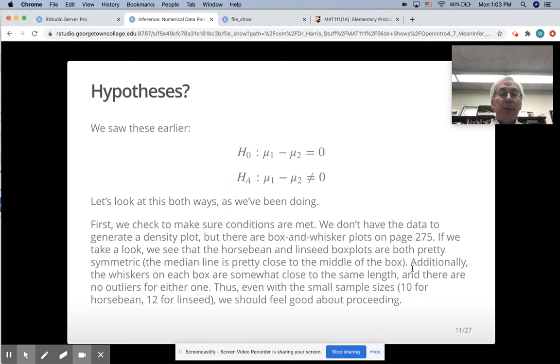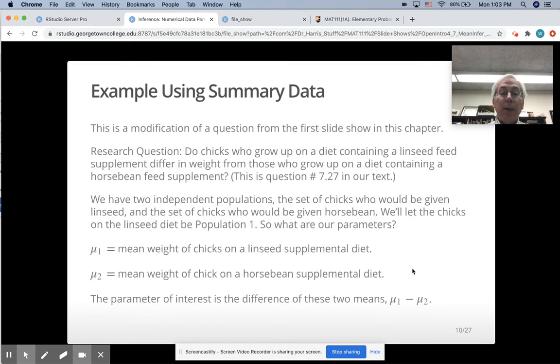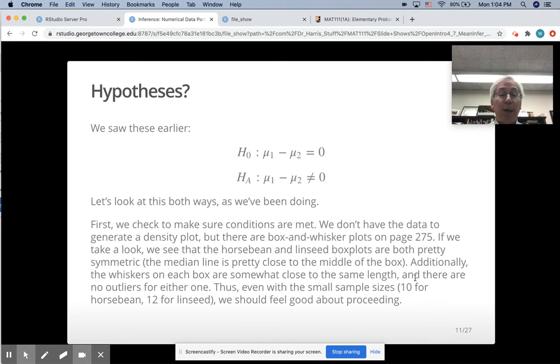Our hypotheses: if we go back and look at the question, do they differ in weight? That suggests we're testing to see if the means are the same or not. So our null hypothesis is that there is no difference between the two, mu1 minus mu2 equals 0. And our alternative hypothesis is that there is indeed a difference, that mu1 minus mu2 is not equal to 0.